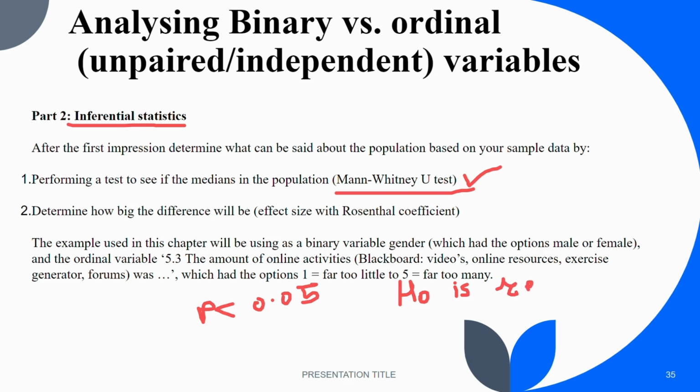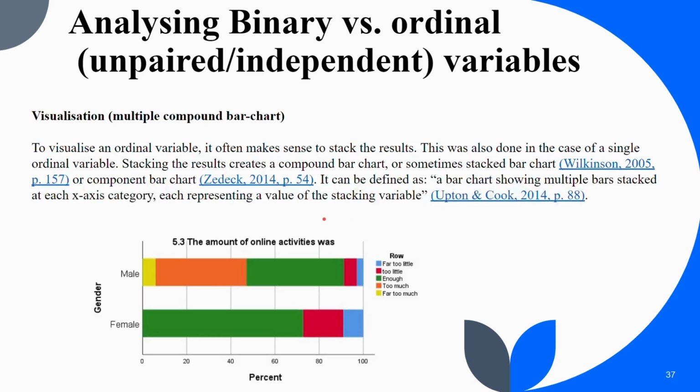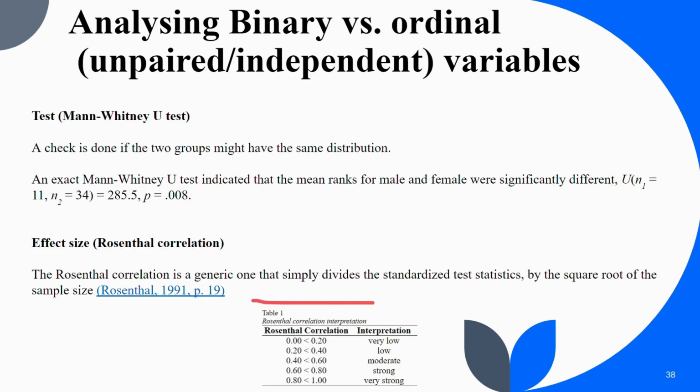If the null hypothesis is rejected, then our conclusion is how big the association is. That comes from the Rosenthal coefficient. I will just tabulate it here. It has multiple levels: very low, low, moderate, strong, and very strong. This quantifies the degree of association between the binary and the ordinal data.